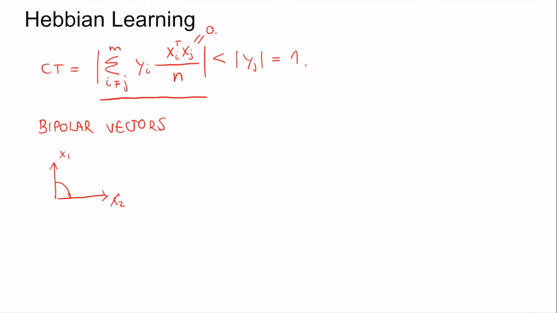And even if they are not completely orthogonal, if the angle is not 90 degrees but slightly less, then the inner product of x2 transpose and x1 will still be very small, and therefore we should still be able to retrieve the memories. But with high probability, these two vectors will be orthogonal, which is good, right?